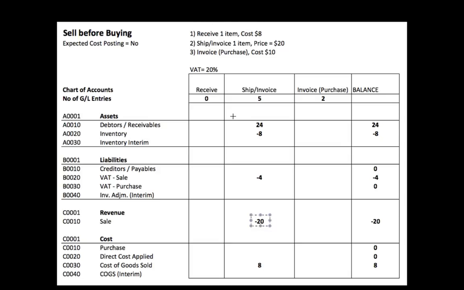But because we received it at an expected cost of 8, we also have cost of goods sold. So it's a reduction in inventory of 8, and our cost of goods sold is also 8.